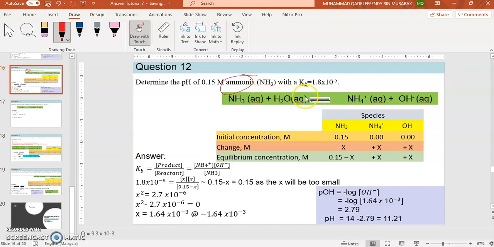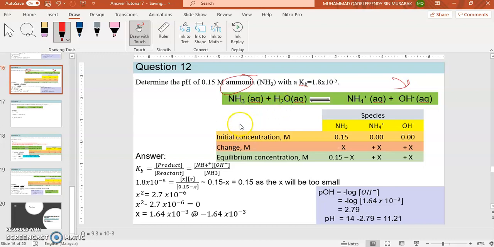once we dissolve ammonia in water, we will produce ammonium ion and hydroxide ion. OH minus means that this one is a base. I like to use this table because it's easier for me to see the change of composition of each species in a system.